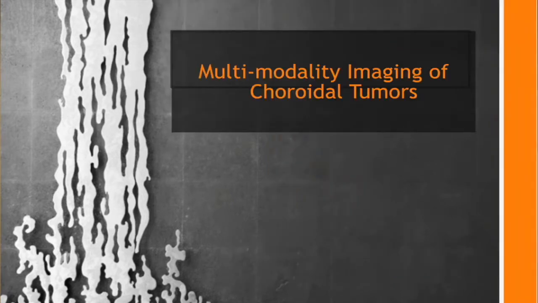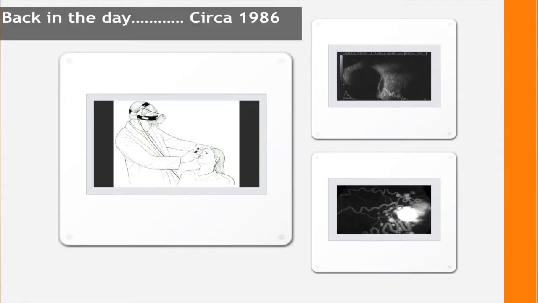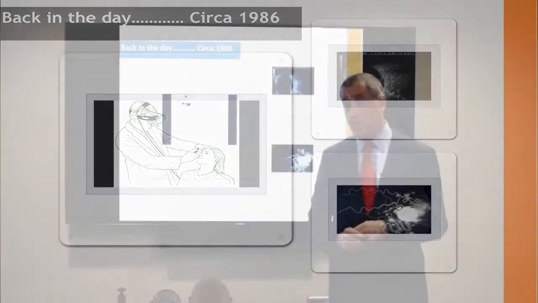As I mentioned, we're going to talk about multimodality imaging of choroidal tumors. Let's look back in the day. I've been doing ophthalmic oncology and practicing over 30 years. Back in 1986, if I saw a patient with an intraocular tumor, I could look in with indirect ophthalmoscopy through the dilated pupil.